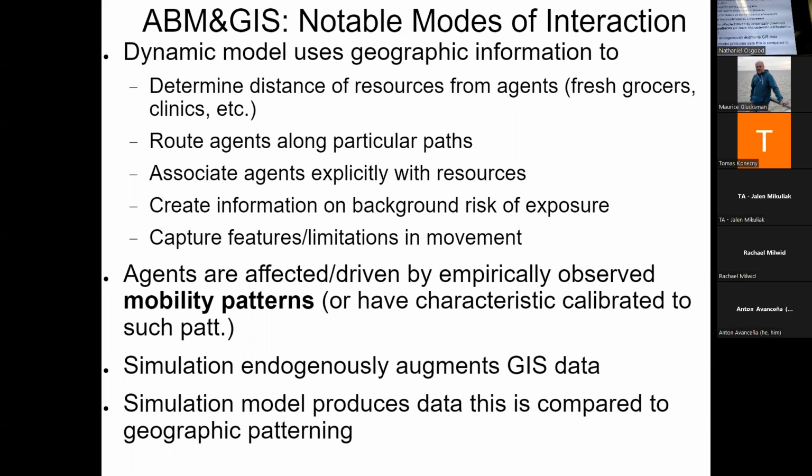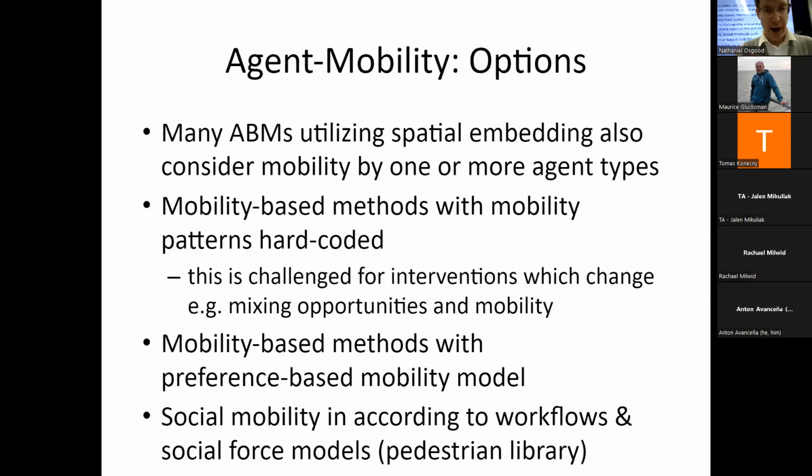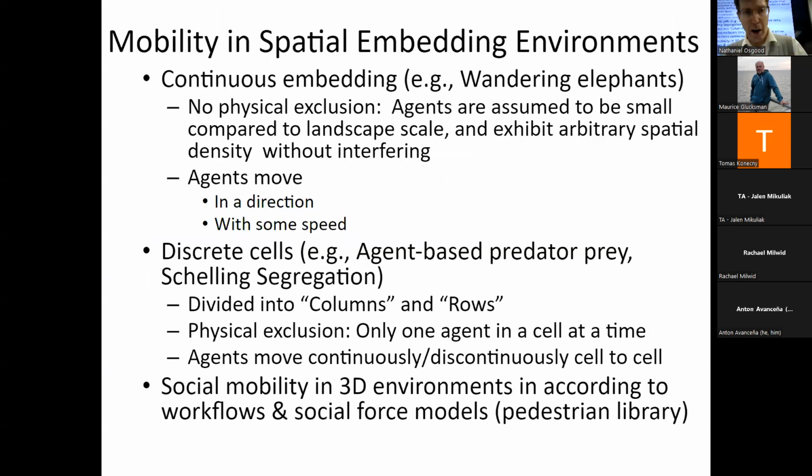And often there's a very healthy interaction back and forth between what's in GIS and the agents. Okay, so we'll be talking about that some. Mobility is a common feature in many agent-based models with agents moving around in a semi-autonomous fashion.